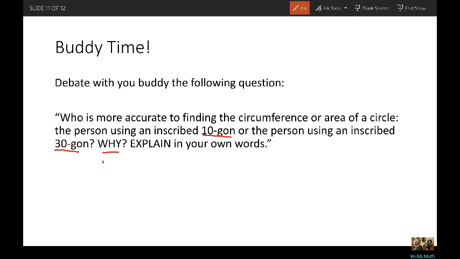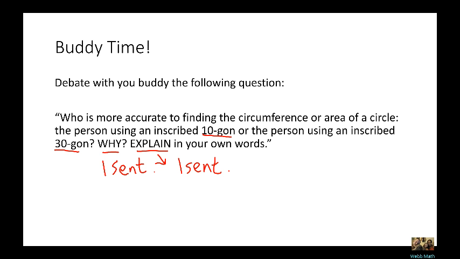And then 1 sentence explaining why. Okay, so think about all those GIFs that I showed you. Think about what I was talking about with infinity and the essential question. And then I am going to draw some sticks, and I'm going to ask you guys to present your findings, okay? Because I think you guys need to collaborate and peer review each other a little bit more.